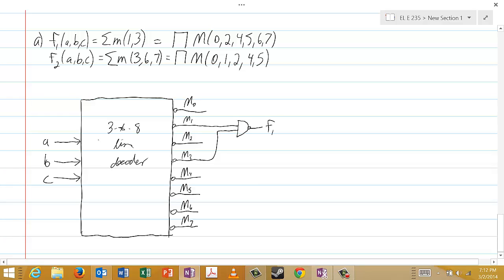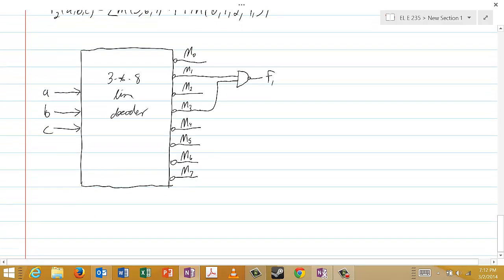Now once again, just as we did above, I want to prove to you that that's correct. So we'll have F1 is equal to M1 ANDed with M3 and then complemented.